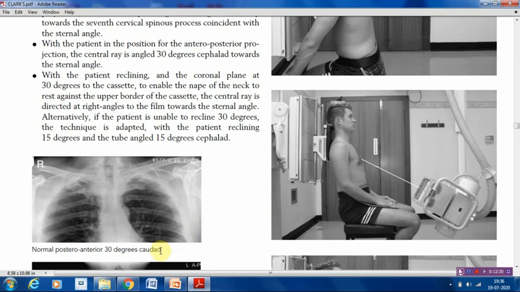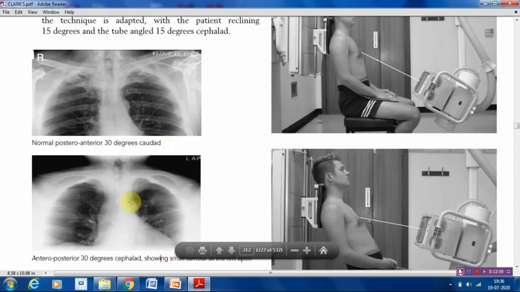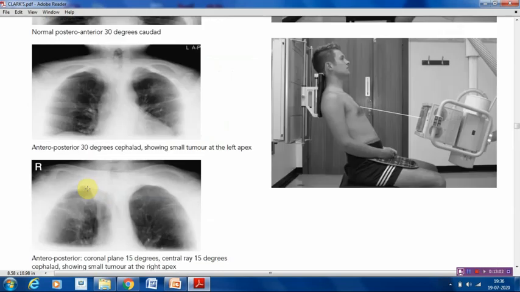A lot of research has been done by pulmonologists, radiologists, cardiologists, all those people, so they ask for different views to see the apex of the lung. See here, the apex of the lung is clearly seen, right and left side, with the 30-degree caudal angulation, and here with the 30-degree cephalad angulation. Clearly you are able to make out any lesions.